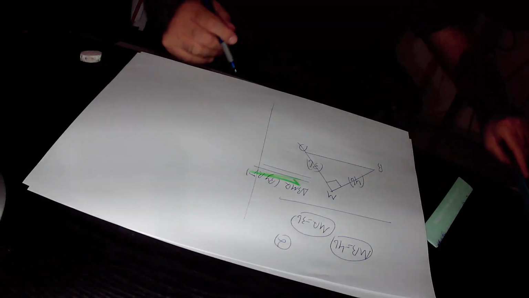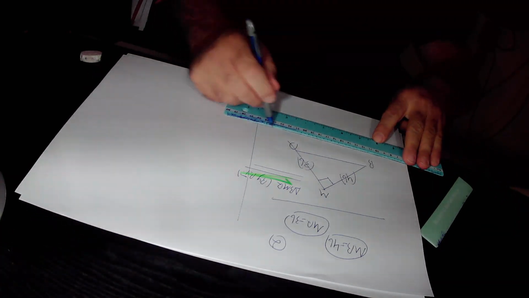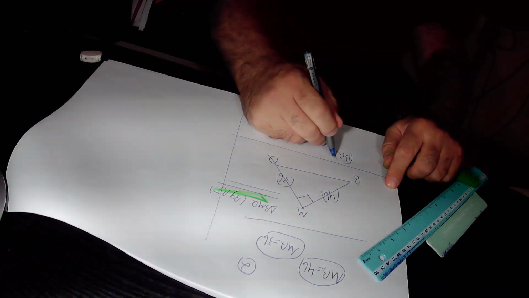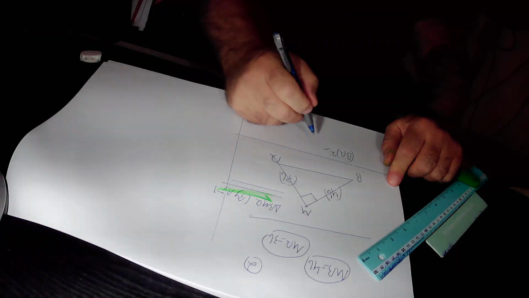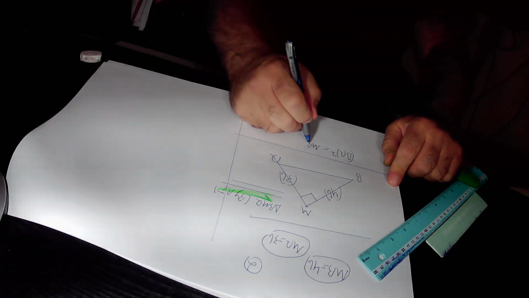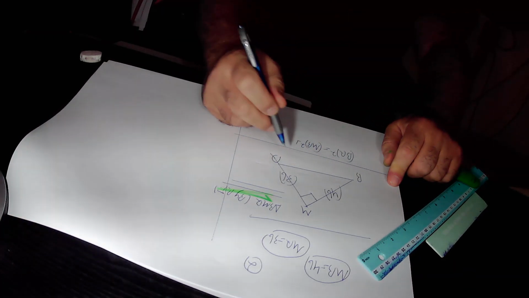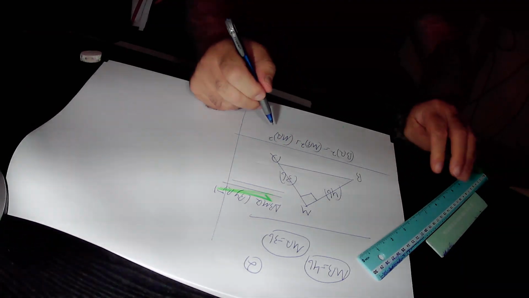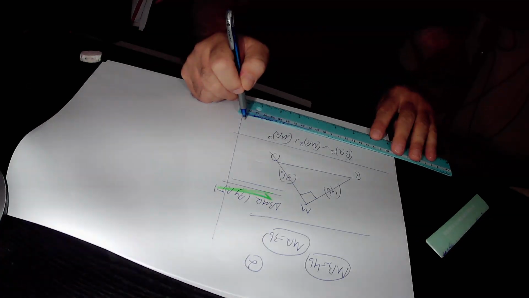BQ squared, that is the square of the hypotenuse, equals MB squared plus MQ squared. BQ is the missing side, so we leave it as it is, so it is BQ squared.